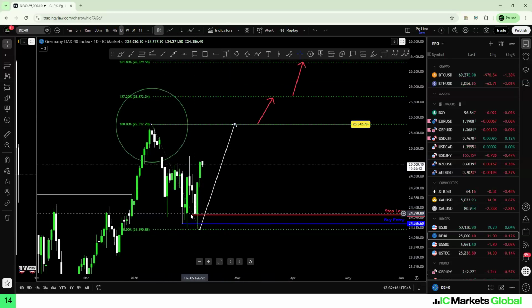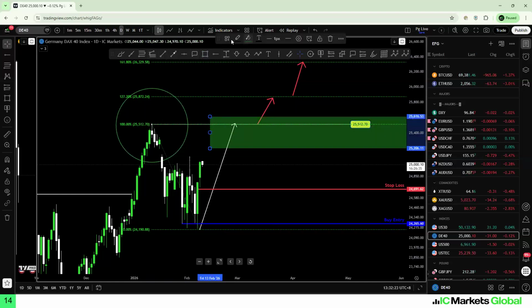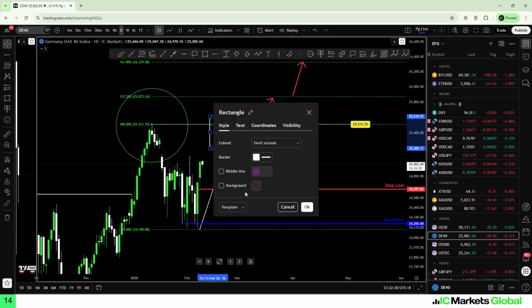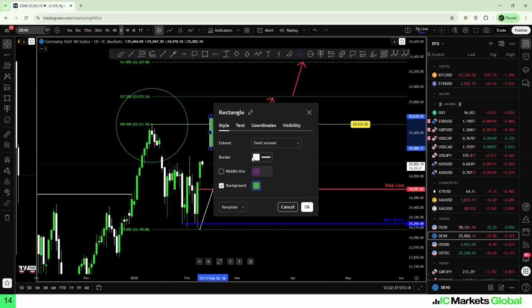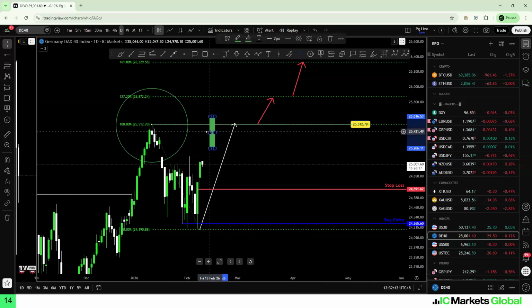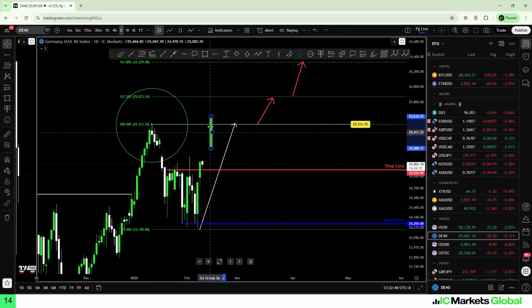I might move this to this, but let's say price has closed all the way to this level, the breakout, green color. They close above, then I'm going to shift my stop loss to somewhere around here.